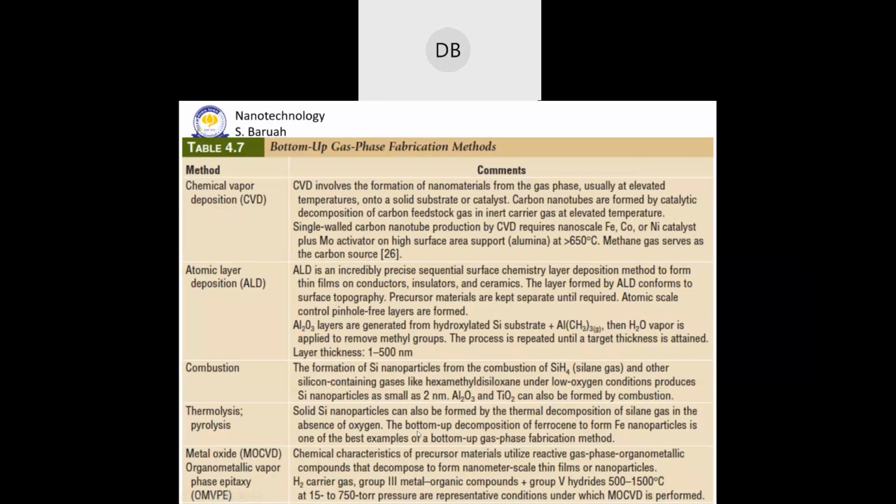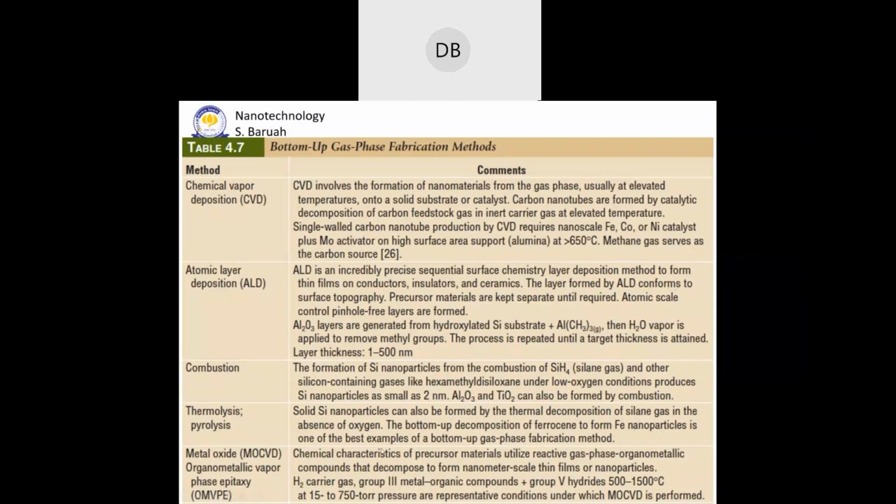The bottom-up decomposition of ferrocene to form iron nanoparticles is one of the best examples of a bottom-up gas phase fabrication method. Ferrocene is another chemical that contains iron. Like I said, don't get frightened with chemistry, but just remember that there is iron there, and you can heat it up or burn it up to remove the other components and keep the iron, and then these iron atoms come together and form a nanoparticle.